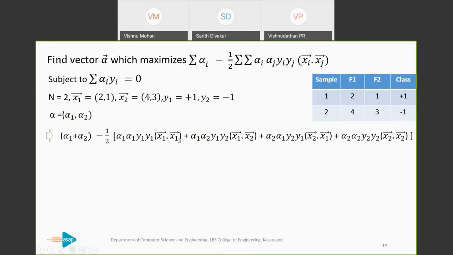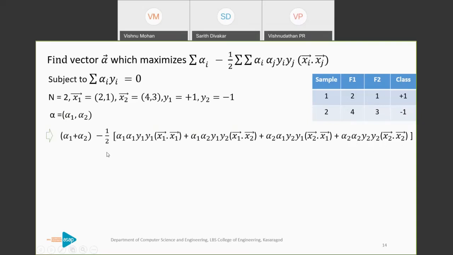For i is equal to 1, j is equal to 2, you get alpha 1, alpha 2, y1, y2, x1 dot x2. Plus for i is equal to 2, j is equal to 1, alpha 2, alpha 1, y2, y1, and the dot product. And for 2, 2, alpha 2, alpha 2, y2, y2, x2 dot x2. I just substituted these values in the expression.